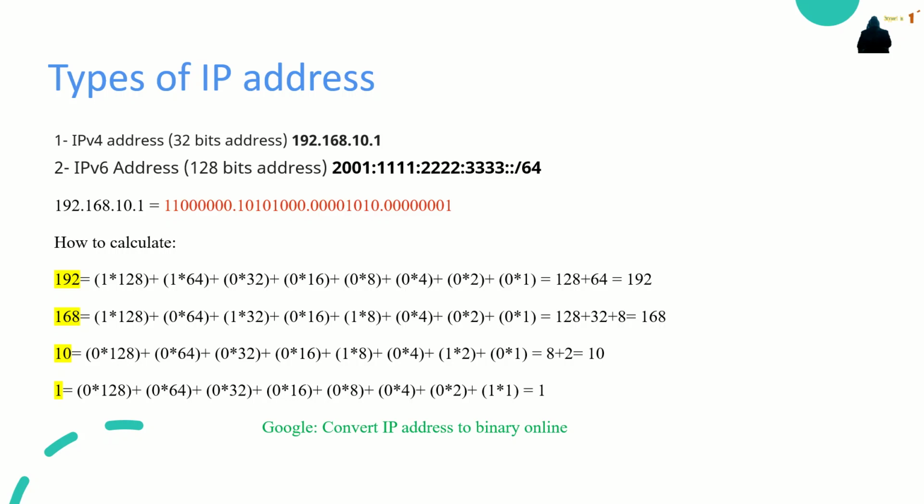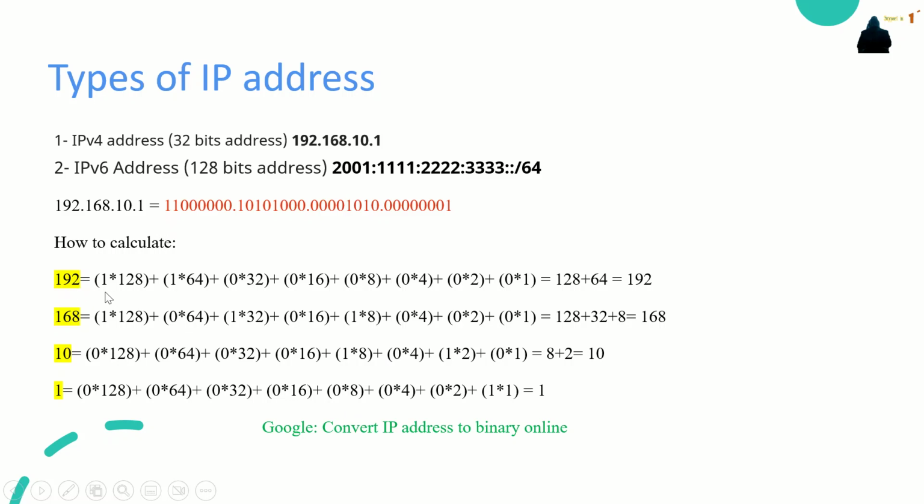For example, if you see 192.168.10.1 here, how do you calculate the binary form? You can learn it here.